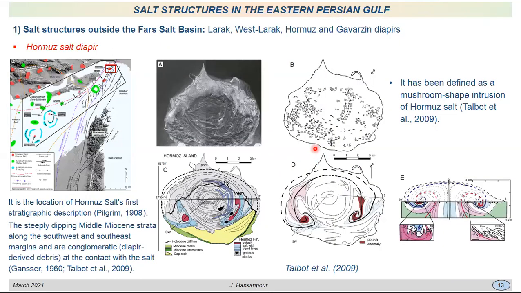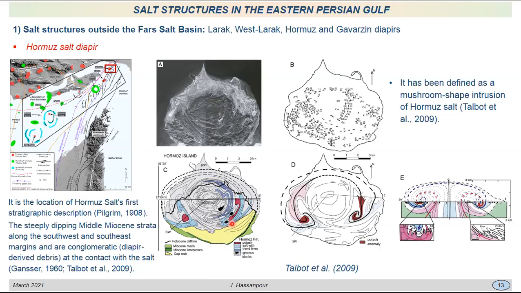So the first one outside the Fars Salt basin is the Hormuz Salt diapir, which is quite famous. It's probably the most famous salt diapir in the Zagros and Persian Gulf, because it's the location of the Hormuz Salt's first stratigraphic description by Pilgrim in 1908. As you can see, according to these maps, it's exposed in the core of this island with the same name.